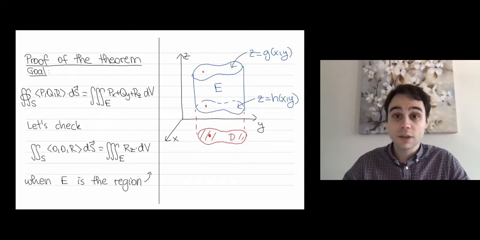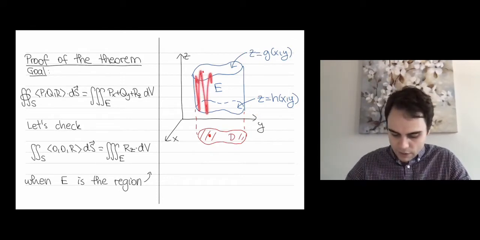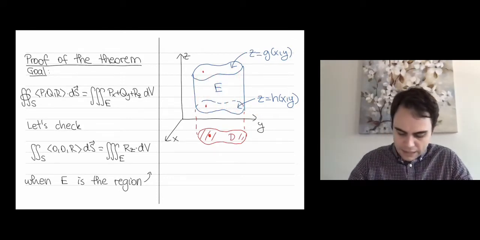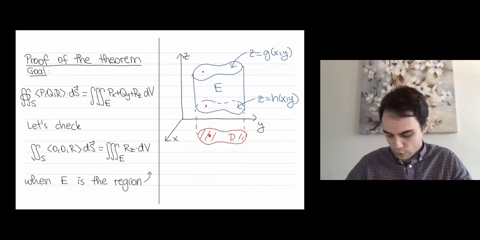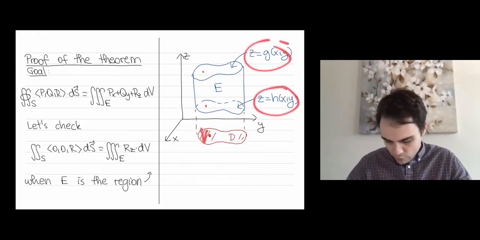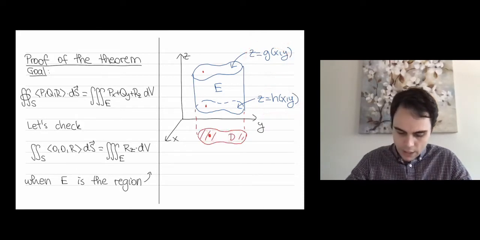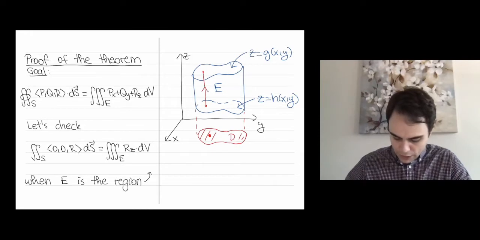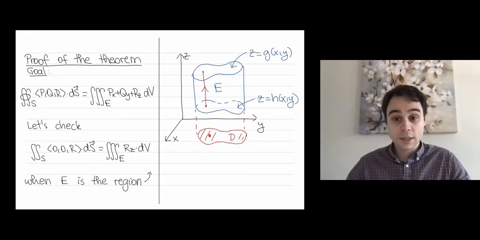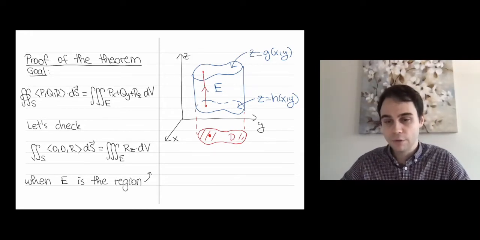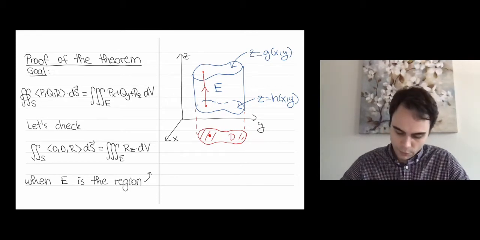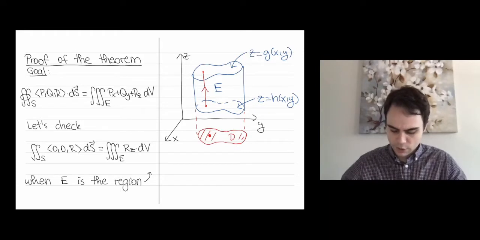We have 2 functions of x and y, and E is everything in between the 2 graphs. We're looking at graphs over the same little domain D, and to integrate over this region, dz would go up like this, right? For every point in the domain D, the projection of E onto the xy plane.